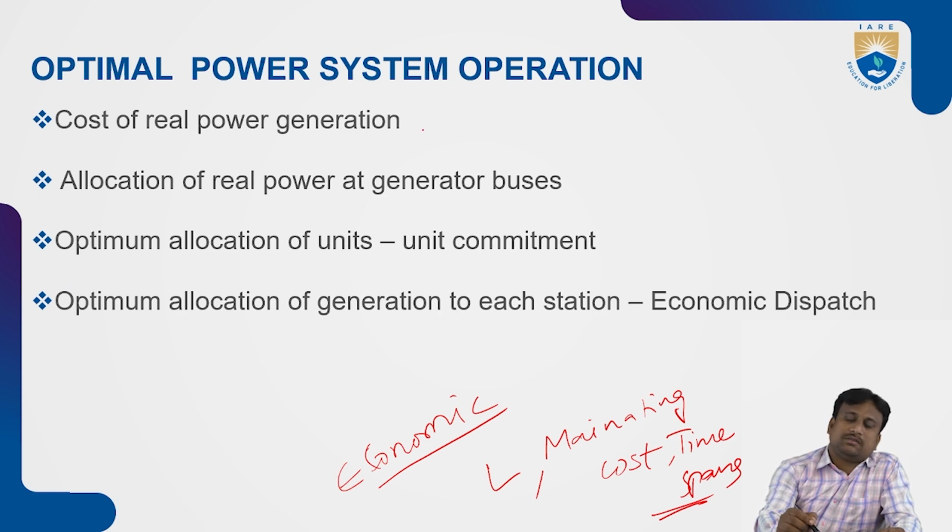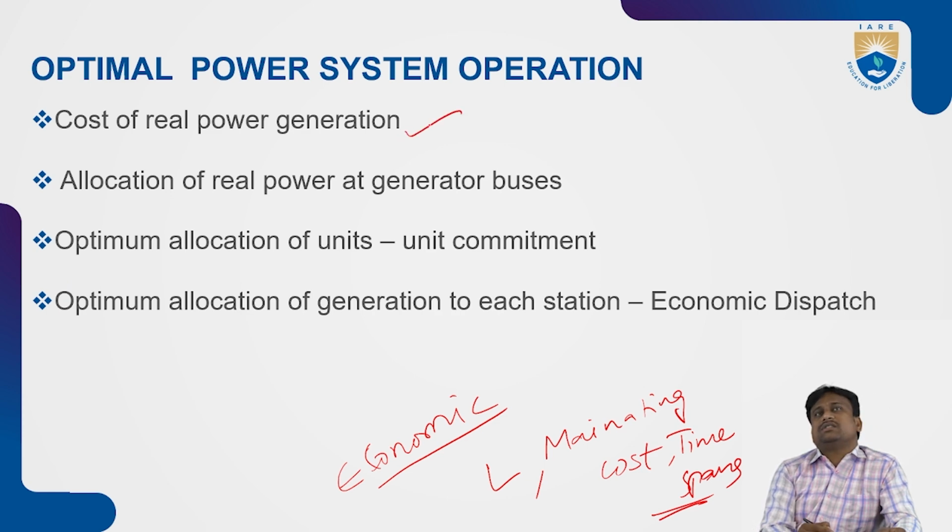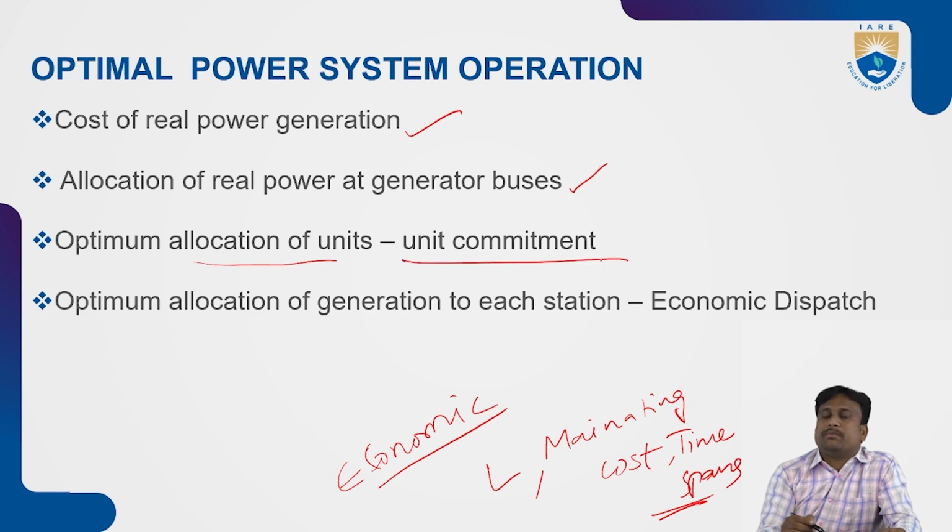Here it involves various parameters: the cost of real power generation, allocating real power at generator buses, and optimum allocation of the units. This can be better studied in the unit commitment problem.